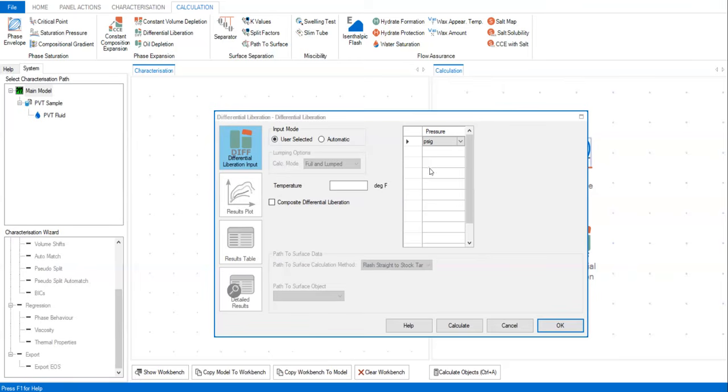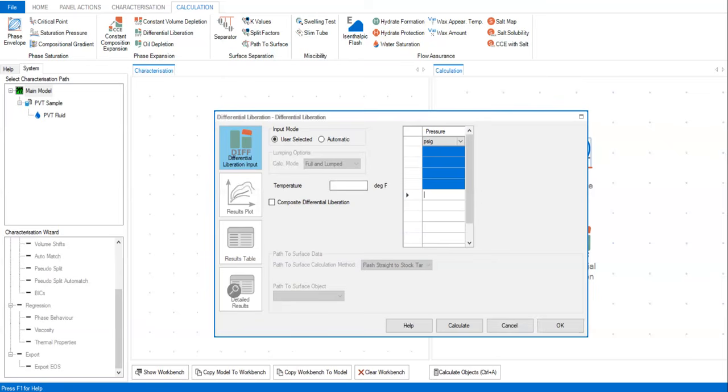So here we need to be careful in inputting pressure, as well as the temperature, because if you put a slightly different temperature or pressure, the GOR and the formation volume factor will be different, and it will reduce the quality of the matching.